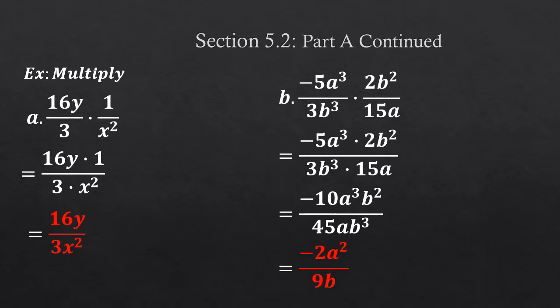Well, if you reduce 10 by 5, you're left with 2. And if you reduce 45 by 5, you're left with 9. 1a from 3 a's leaves you with 2 a's. And if you take 2 b's from the top, from the 3 b's at the bottom, you're left with 1 b at the bottom.